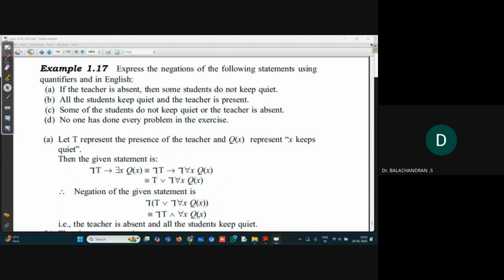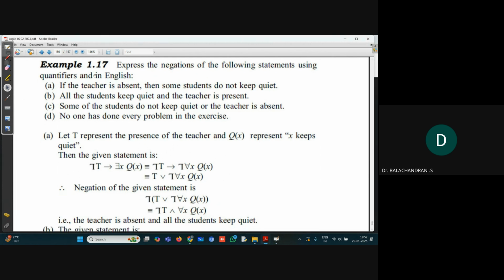This is a negation, and you should also write it in English. T means teacher is present, so negation T means teacher is absent, and for every x Q of x means all students keep quiet. So this is a negation.